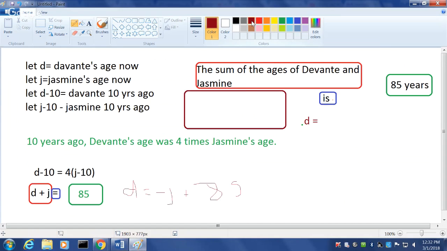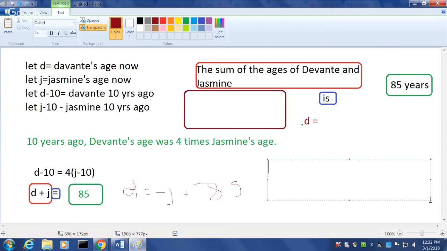But then what I get to do on the other side is, instead of D minus 10, I get to go negative J plus 85 minus 10. So I'm just replacing D minus 10 with negative J plus 85 minus 10. That's all I'm doing. And then the rest of that first equation is going to be the same.